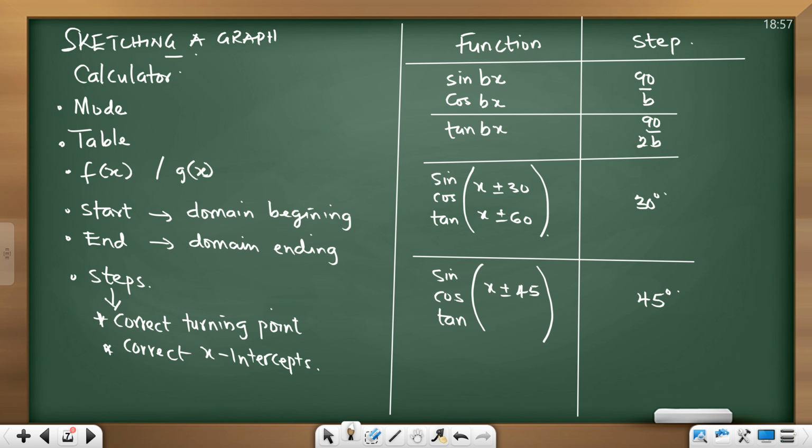What affects the steps? B and K. Or B and P rather. B and P will affect our step.